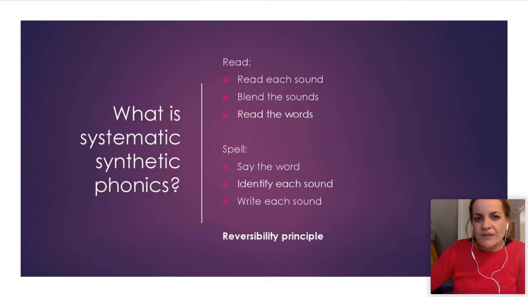So in order to read, the child has to read each sound, then they have to blend the sounds, and then they can read the word from left to right. In order to spell in a synthetic system, they would say the word, then identify each sound within that word, and then in turn be able to write each sound.